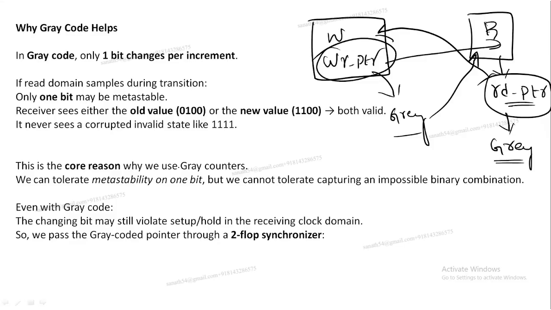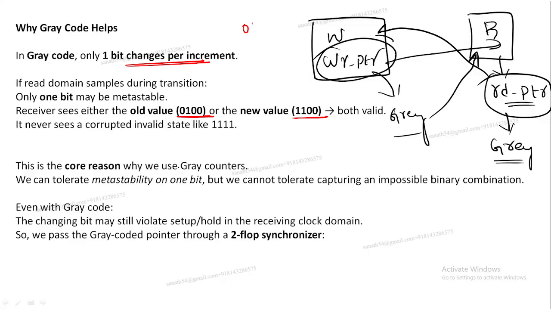So why gray code? In gray code, only 1 bit changes per increment. That means if the read domain samples during the transition, 1 bit may be metastable and it receives the older bit. Suppose the older value is 0100, the new value after incrementing becomes 1100.